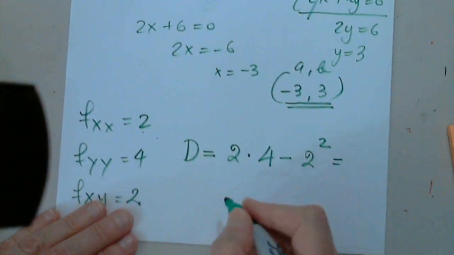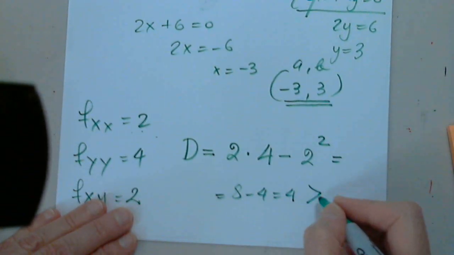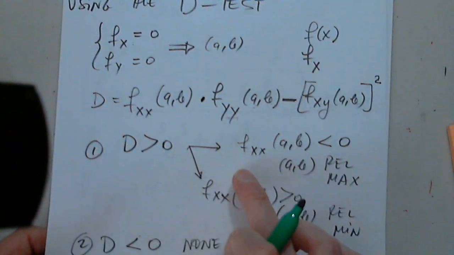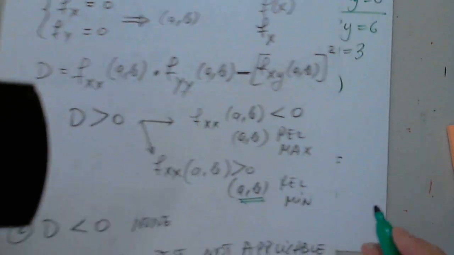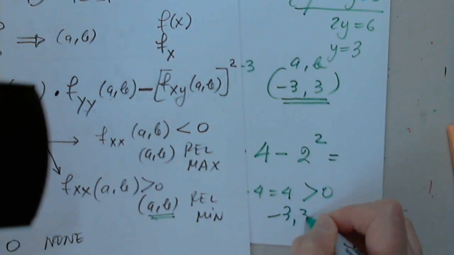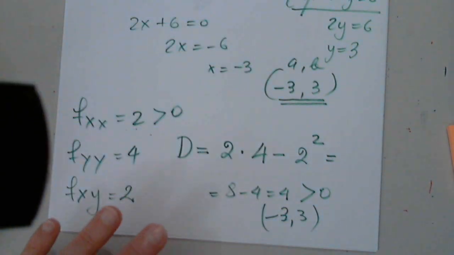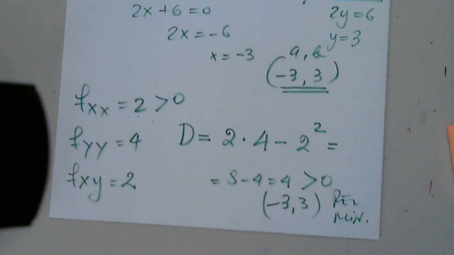So 8 minus 4 is 4. So D is positive and fxx is positive. So what do we know immediately about (-3, 3)? That's our minimum, the relative minimum. That's how the D-test works.